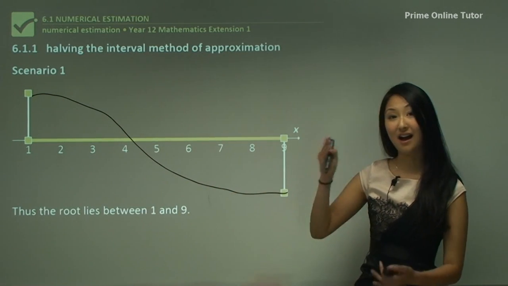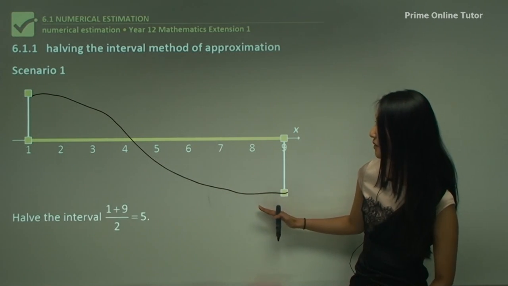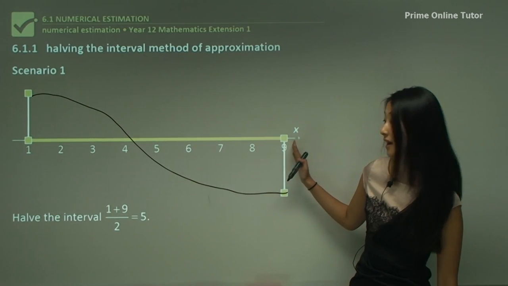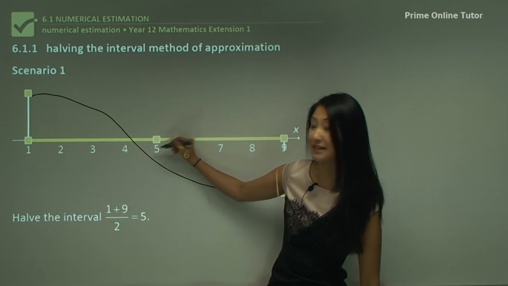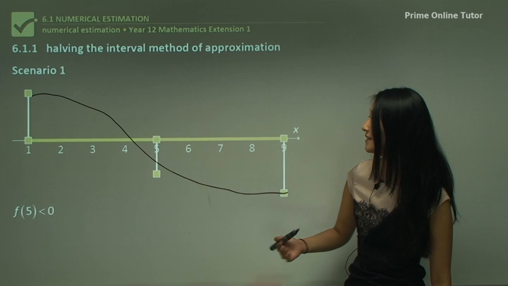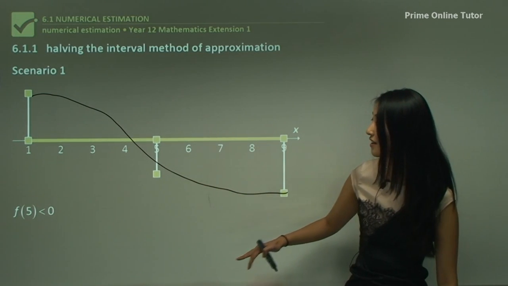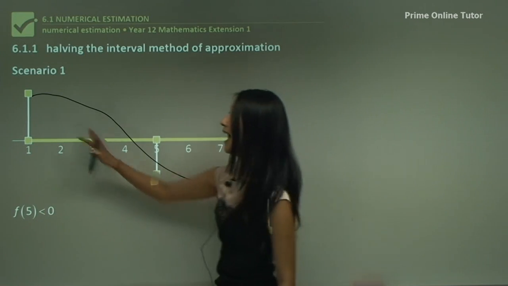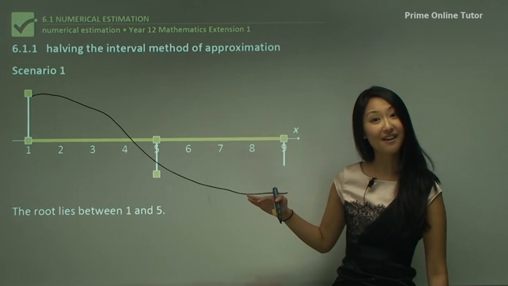And this is when we halve the interval. So knowing the root lies between 1 and 9, we take half of 1 and 9, which happens to be 5, and we test this new interval there. In testing 5, we find it to be negative, okay? And so now we know that since this is negative and this is positive, the root lies between 1 and 5.